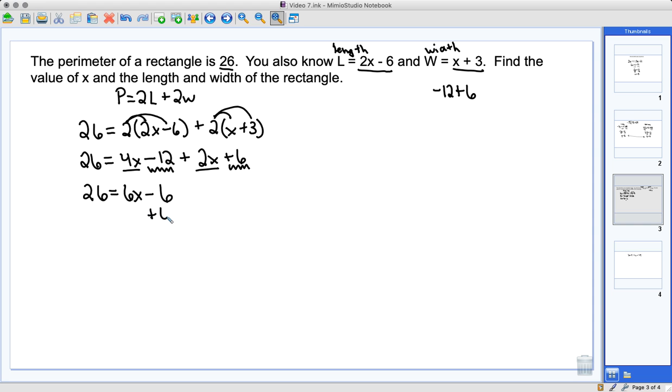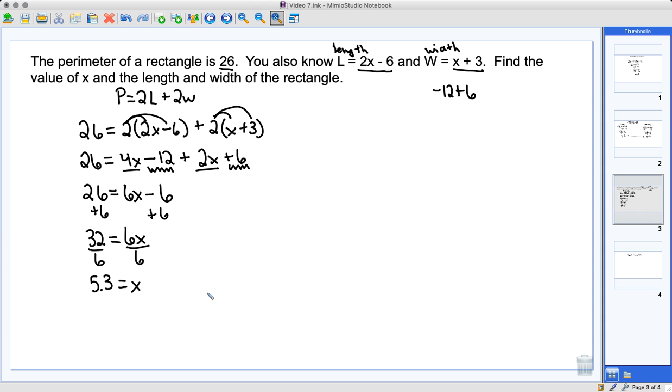So we're going to add 6 to both sides. So you get 32 equals 6x. And then we're going to divide by 6. So 32 divided by 6 is approximately 5.3. If you type that into your calculator, you'll get 5.3 repeating. So let's just go with 5.3.